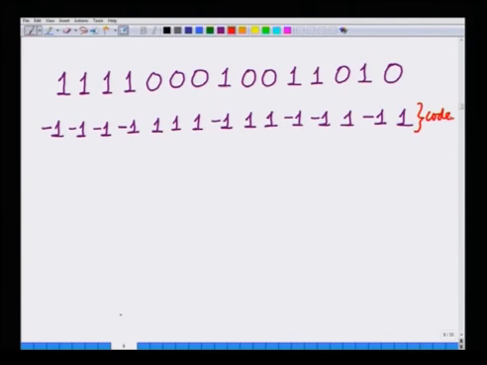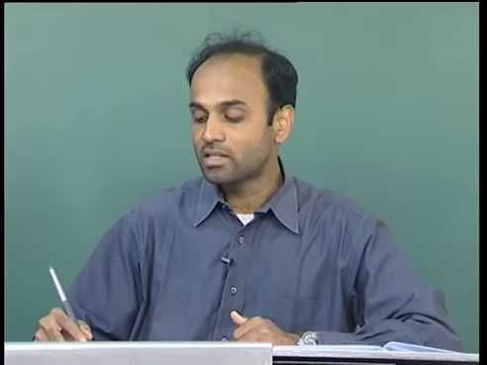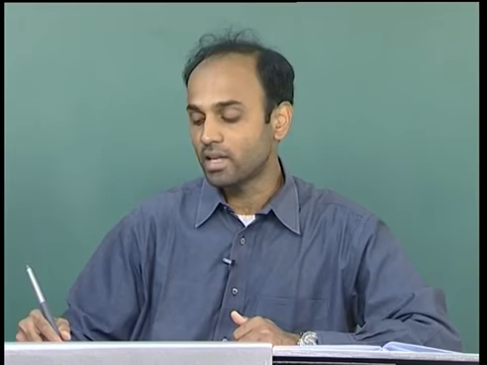Let us count the number of 1s and minus 1s in this code. The number of minus 1s is 1, 2, 3, 4, 5, 6, 7, 8. So, there are 8 minus 1s in this code, and the number of 1s is therefore 15 minus 8, which is 7.